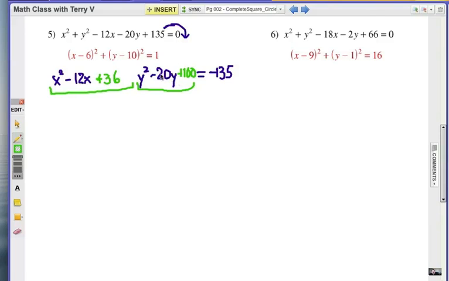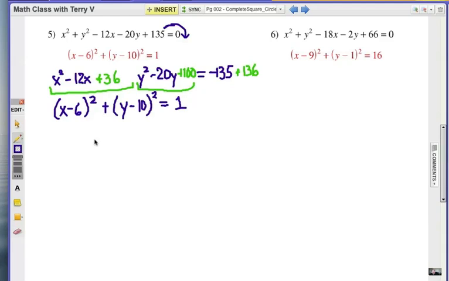If I put an additional 136 on the left of the equal sign, I need to make sure I do the same on the right. So add 136. So let's factor that trinomial, and that would give me x minus 6 and y minus 10. And of course my radius squared is 1. As you can see in the red answer we already showed.